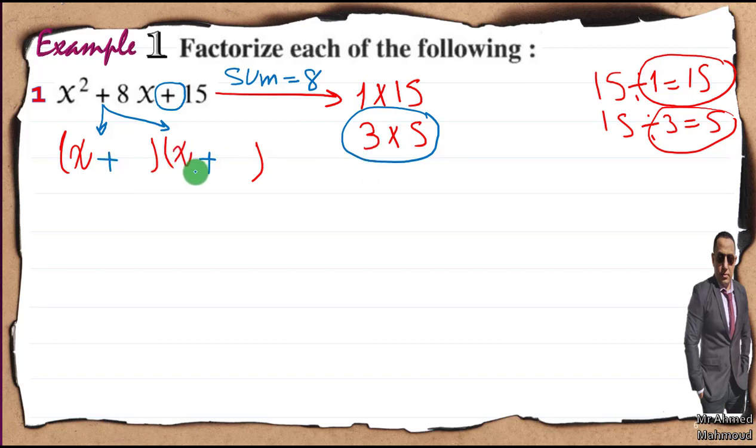Because the two signs are alike, I'm going to write 3 and 5 in any order. So I'm going to write 3 here and 5 here, or you can write 5 here and 3 here, it's also okay. Another example.